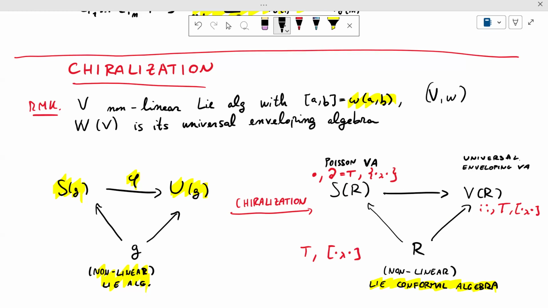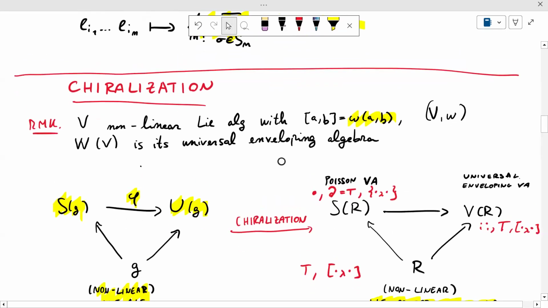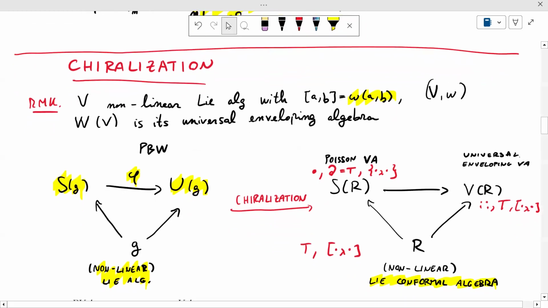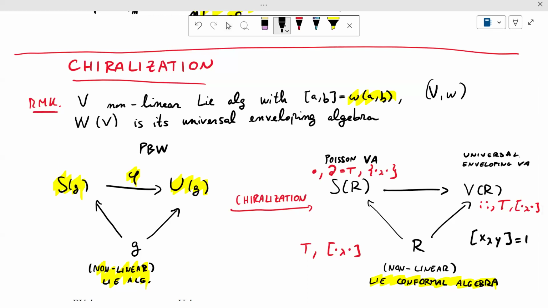It's just to unify the two examples into one single framework, because then everything works the same way, mainly because the main tool that we use to make everything work was the fact that this algebra was PBW generated by G, and in the same way the Weil algebra is PBW generated by the vector space V. So this is the thing that we actually need. By a non-linear Lie conformal algebra, for example, I can admit something like a beta gamma system, something where this lambda bracket is scalar.